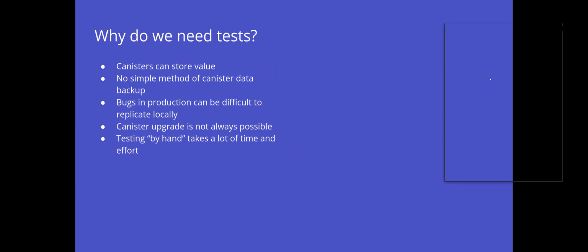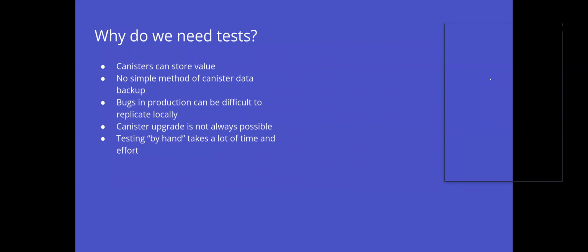As I have mentioned before, we have the option to upgrade the code of the canisters. However, it is not always possible. The reasons for it can be many. The most important thing is that we do not always have the luxury of upgrading a canister. So once again, we need to make sure that the code we are publishing is as well polished as possible.